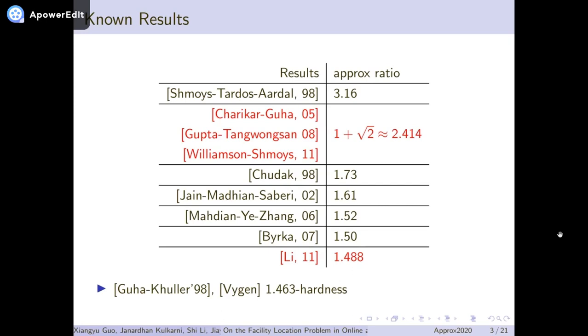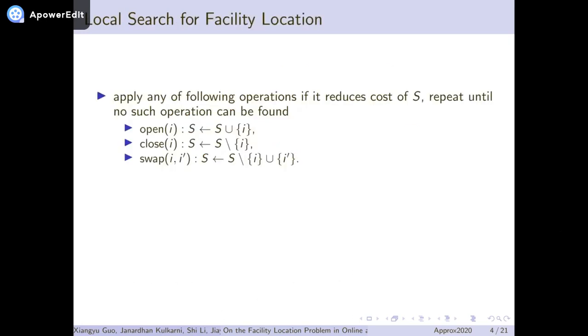Now let's recap the local search algorithm. Local search is to apply any of the following so-called local operations if it reduces the current cost, until no such operation can further reduce the cost. These local operations include opening a facility, closing an open facility, or swapping two facilities.